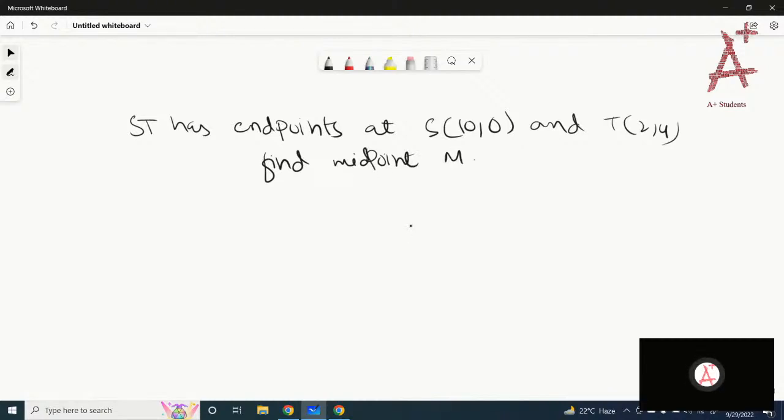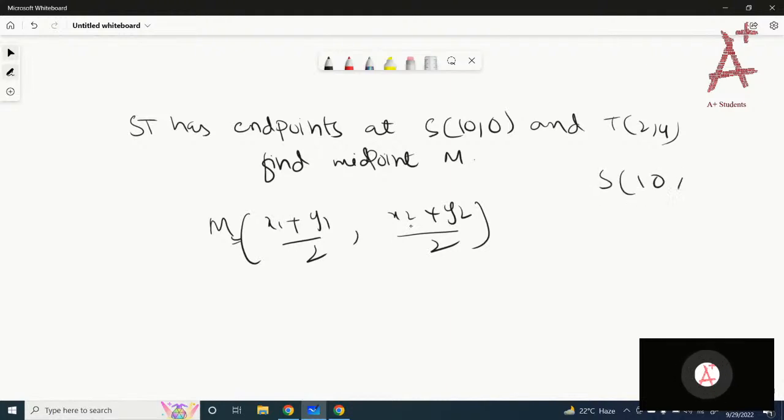We know that the midpoint formula is M equals (x1 plus x2) over 2 and (y1 plus y2) over 2. S is (10, 0), so this is x1 and y1, and T is (2, 4), so this is x2 and y2.